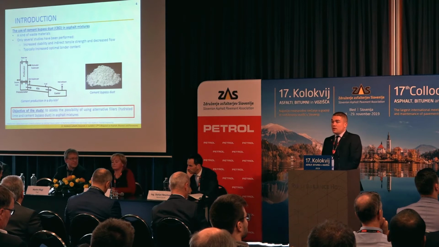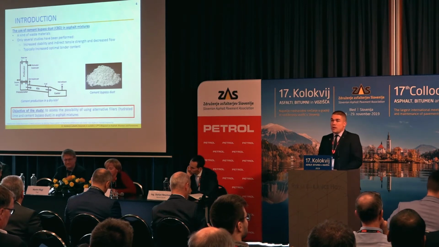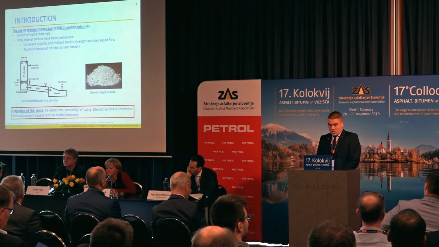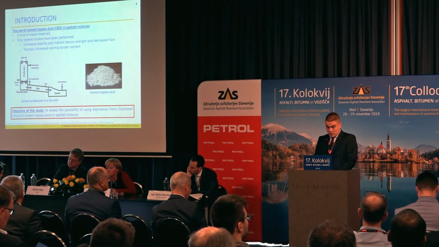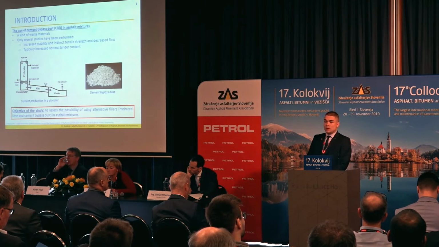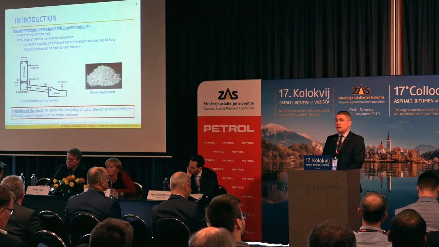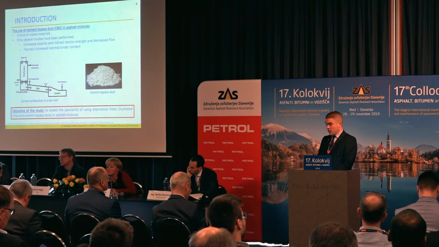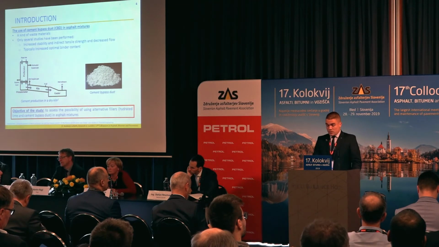So the cement industry is trying to utilize this material, and so we decided to use it in this study with the overall aim to assess the possibility of using these materials in asphalt mixtures.